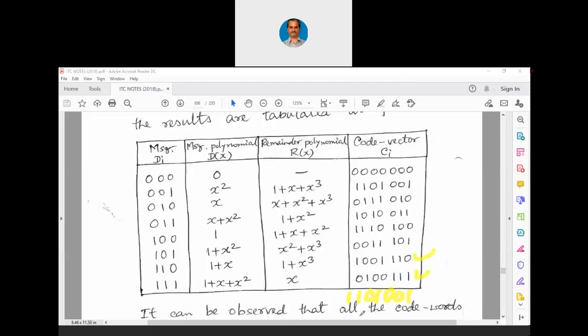So 1101001. It is here. Correct. So we got this. I had totally forgotten that it is a modulo 2 addition. Thanks, Kuldeep, once again. So the addition of these two codes is resulting in the third code.